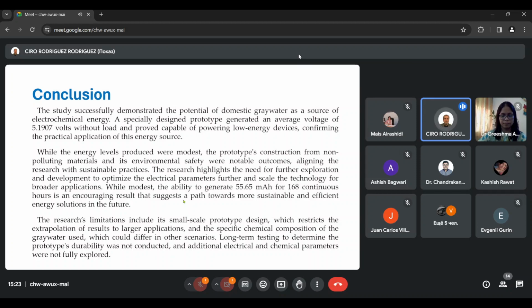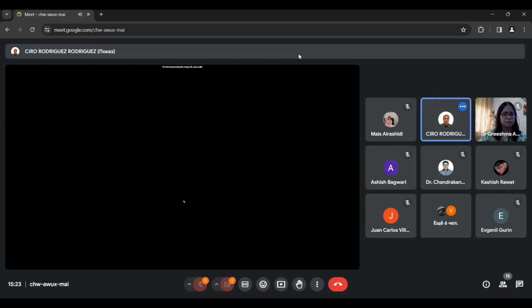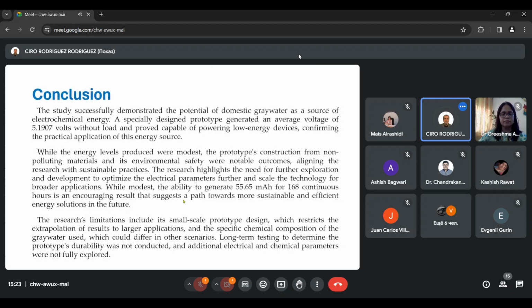Okay, here we are using just gray water. We did not find previous studies which get these results. We know the limitation is that it is not a high voltage, but it's a good start to continue researching to get energy. Okay, so thank you very much.